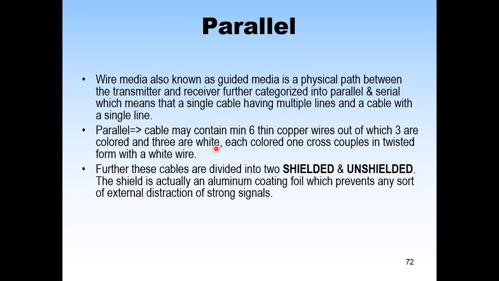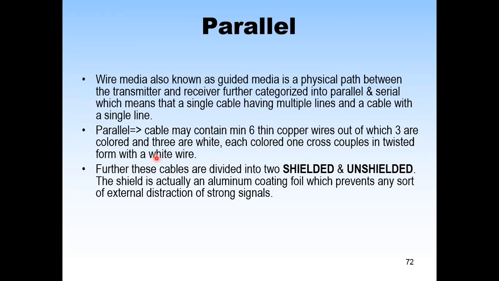In cable net we are using Cat 7 and Cat 8 type of cables, and in Cat 7 nowadays, instead of 6, we have 8 wires, half white and half colored. Each colored one is twisted with a white wire.